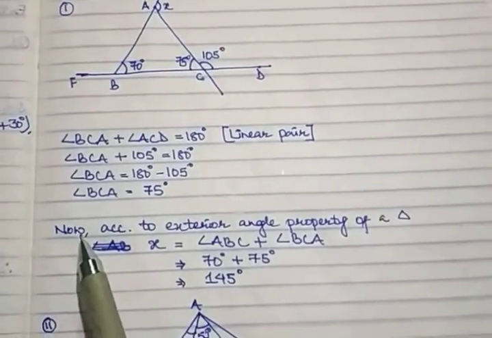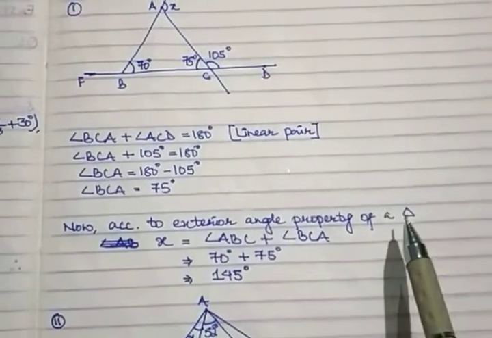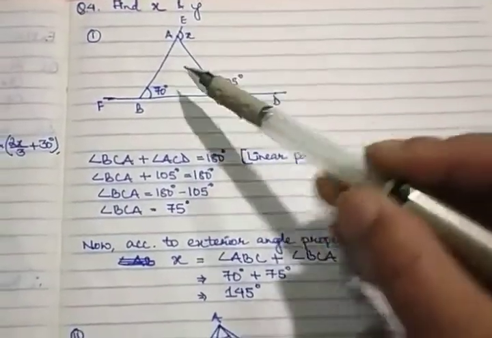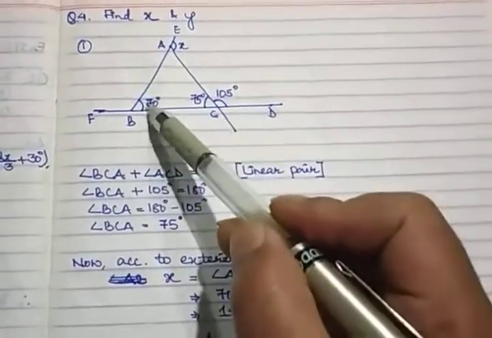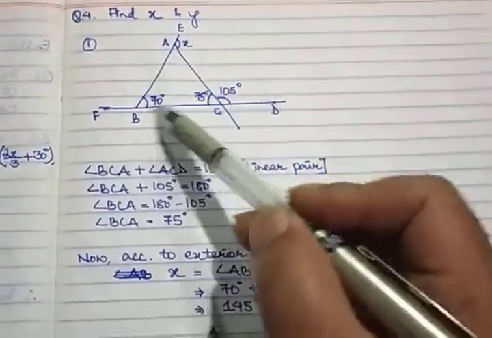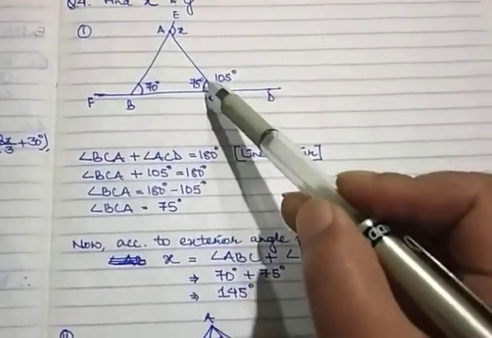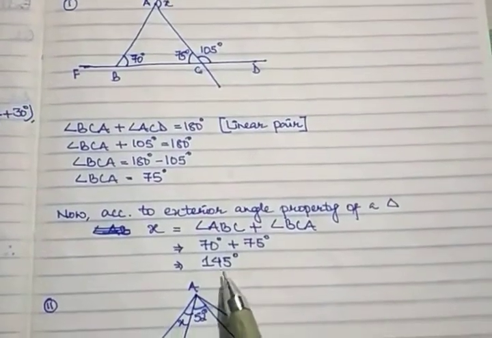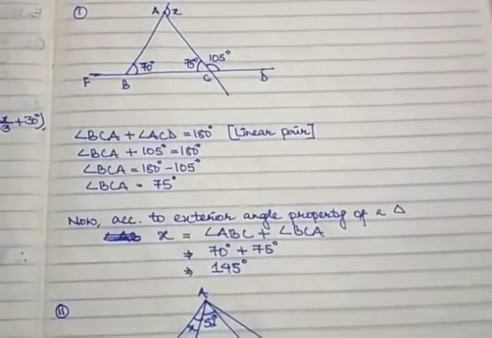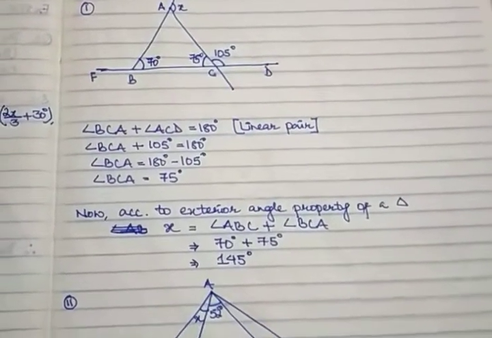So I have written, according to the exterior angle property of a triangle, x will be equal to angle ABC, that is this angle, plus angle BCA, that is this angle. So x will be equal to 70 plus 75 degrees, that is 145 degrees. Okay, this is how we calculate.